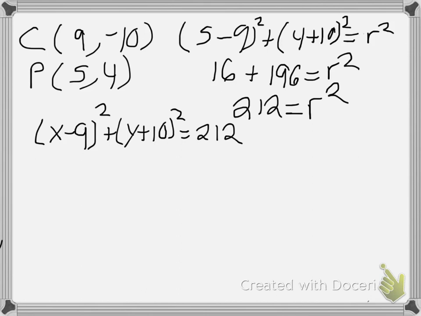So let's take a look at number 4. Number 4 gives us the endpoints of the diameter. So I'm going to do a little picture here for you. Here's a circle. And we have a point here.